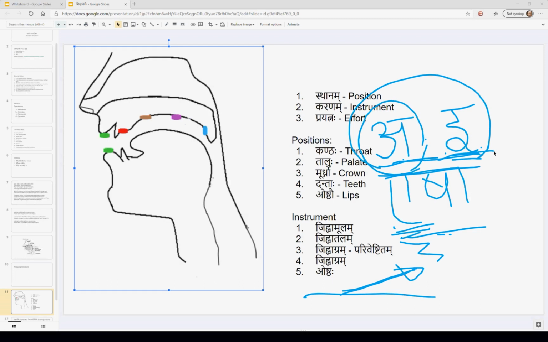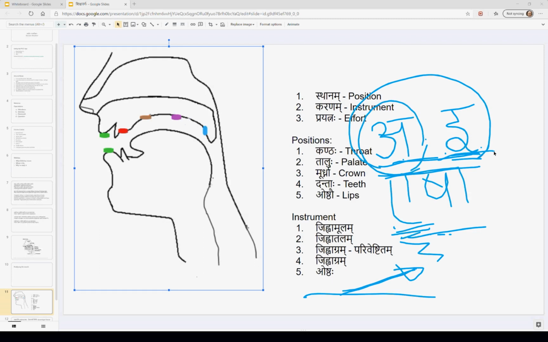So again, that was relative, right? I'm referring to the book I had given, Shikshaa Bodha, which is a compilation of all the other different Shikshaa works.